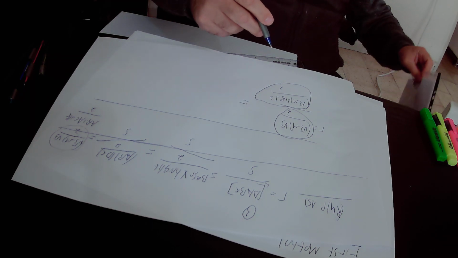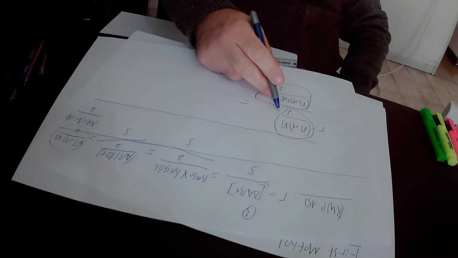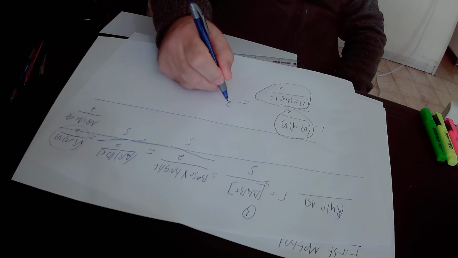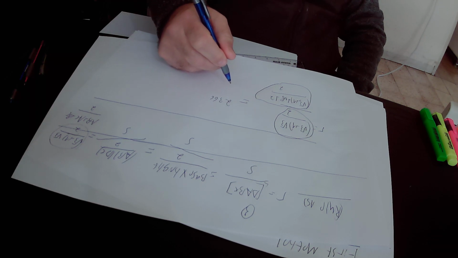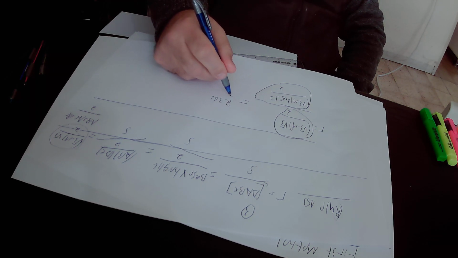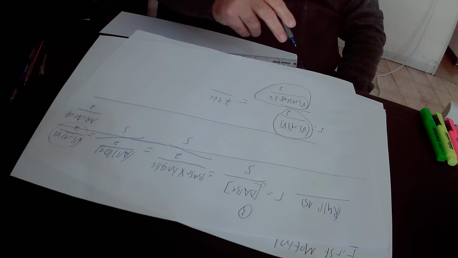So actually the value of this expression, that is the area of triangle ABC, is 2.366. That is to say, the area of triangle ABC equals 2.366 square units divided by semi-perimeter S.